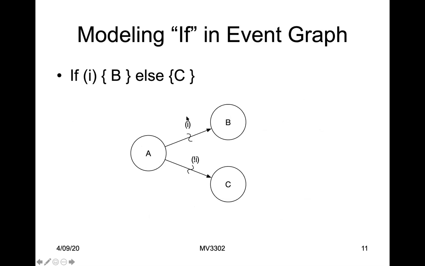Let's say the true condition would be based on I. So if I were true, we would schedule B. And if I were false, so this is not I, if the Boolean condition is false, then we would schedule C. So this is how we would do an if. And again, you wouldn't see it just in its naked form like this, but embedded within a larger context. This is how you would perform that particular task.